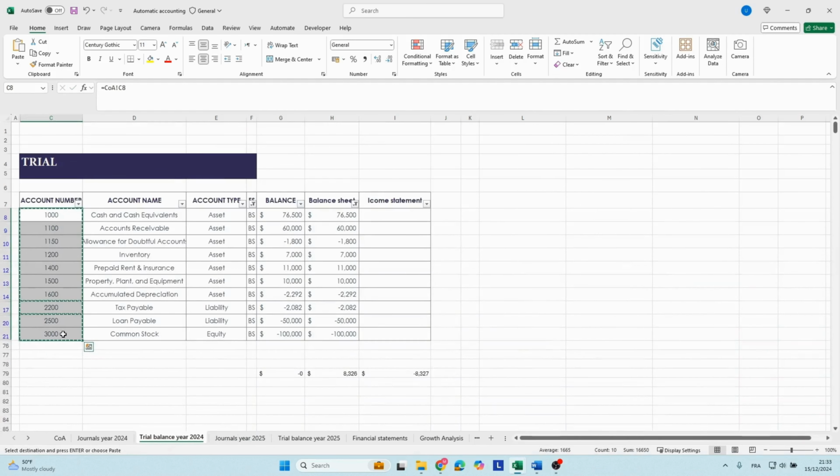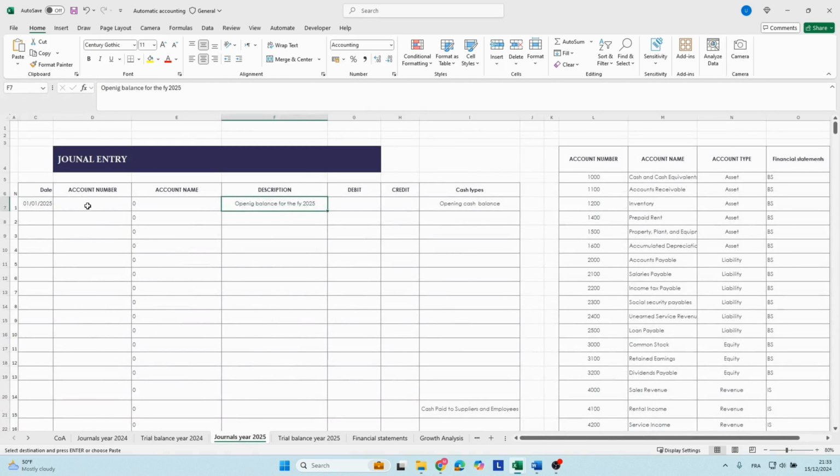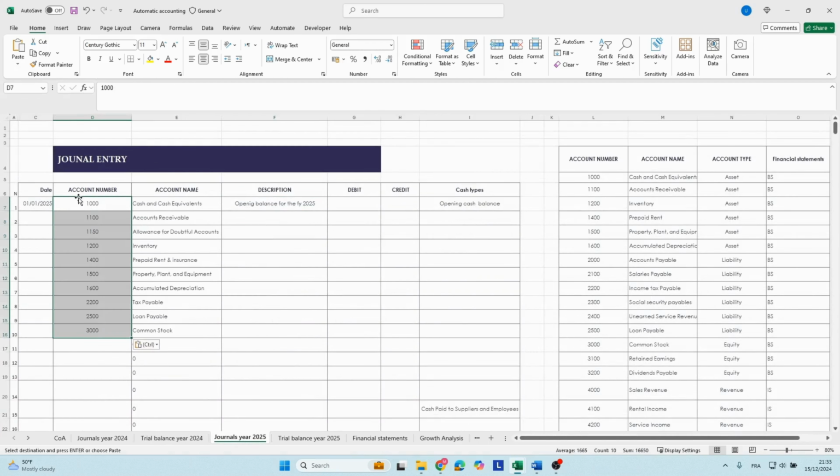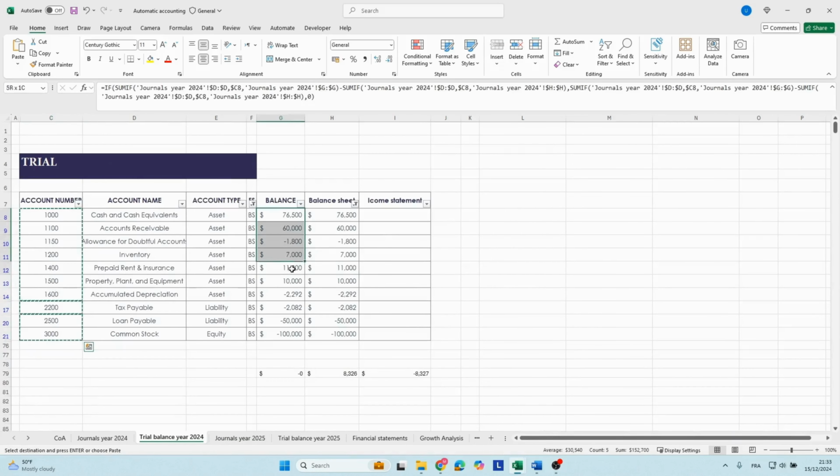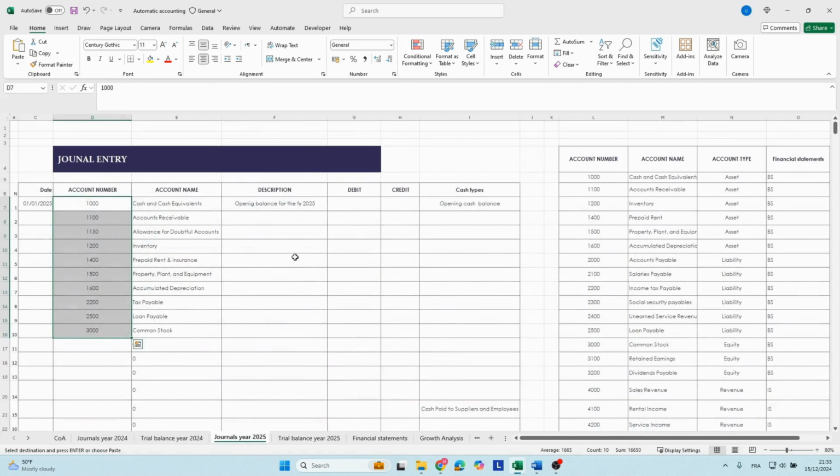We will copy these accounts and take them to the next year in January. We bring all the accounts, then we bring the values as well. We put all the values here. Some values are in debit and some are in credit.